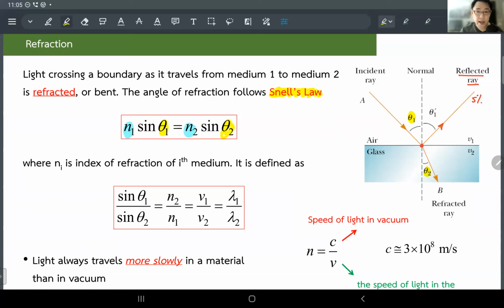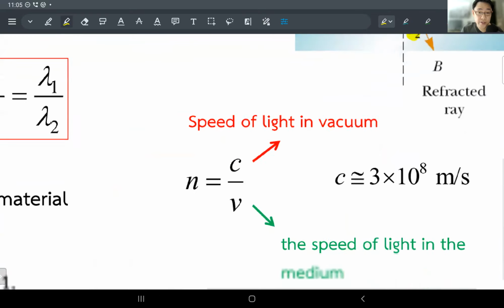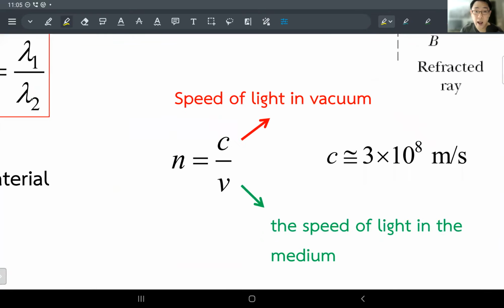Now here comes the question. What is that n there? It turns out we define n to be the ratio of the speed of light in vacuum divided by the speed of light in that medium. Everyone agrees, and it's a known fact already, that the speed of light in vacuum is pretty much the highest speed attainable by any object in this universe.